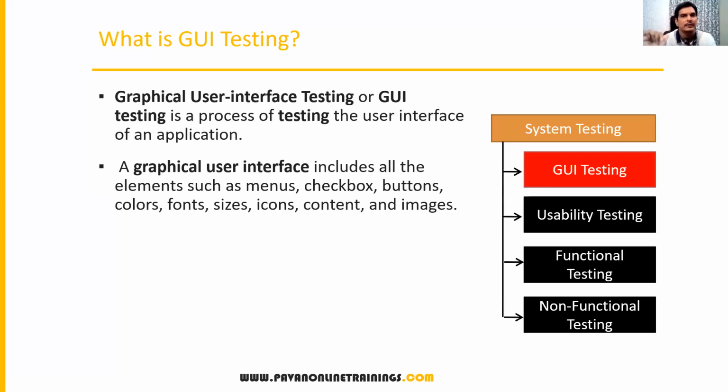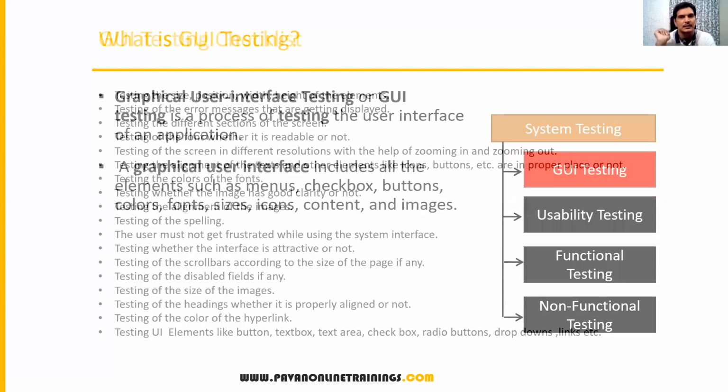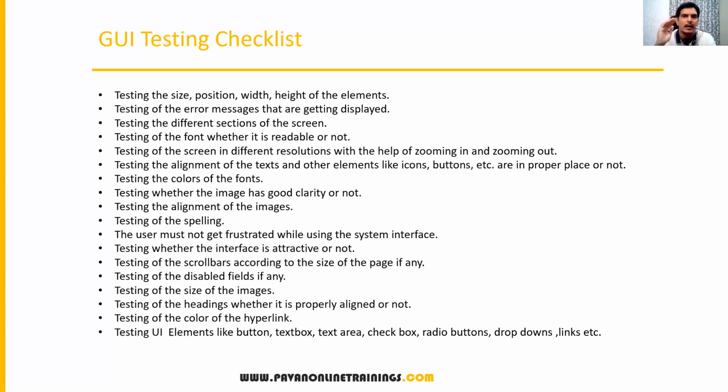Now what exactly do we test as part of UI testing? So here I have put some items on what exactly we have to test as part of UI. This is basically called a GUI testing checklist. So before testing the application, after understanding the requirement, you prepare some kind of checklist. Normally we prepare this in an Excel file, and then we check whether each and every item has already been tested or not in the application.